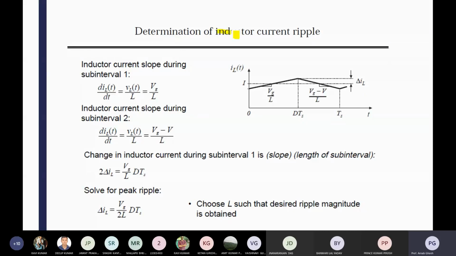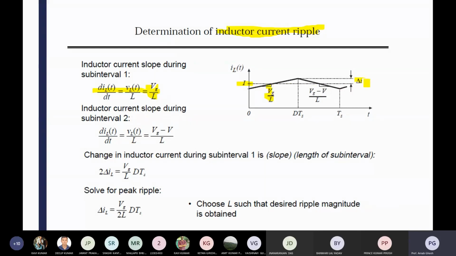Determination of the inductor current ripple: like the buck converter, you can go for the same calculations. So VL equals Vg. For the first case, L dIL/dt equals Vg, so dIL/dt equals Vg by L. So for case 1, you are getting the slope Vg by L. Okay, it's your inductor current, the average current.